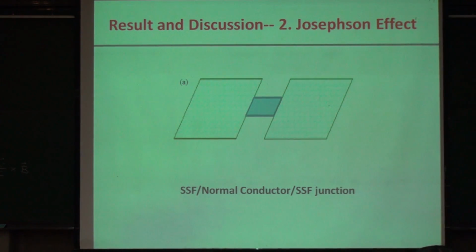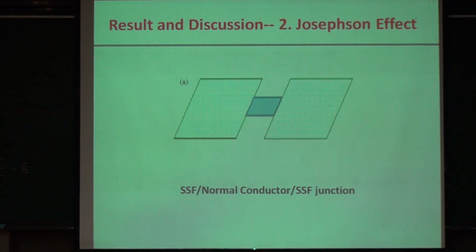Then let's look at another important effect of a superconductor. In charged superconductors, we have the Josephson effect, and spin superconductors turn out to have a similar situation. If you have two spin superconductors connected by a normal conductor or insulator, then you could have Josephson tunneling in your system.